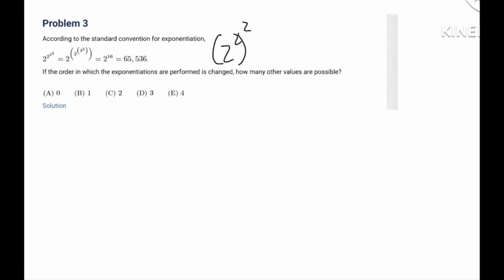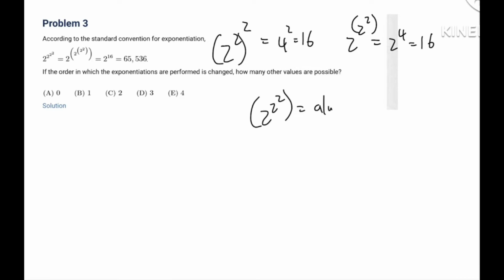This one, 4 squared, is 16, and it will be the same as doing this first, which is 2 to the 4th power, which is also 16.